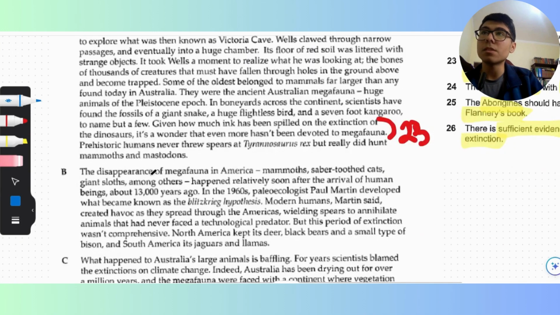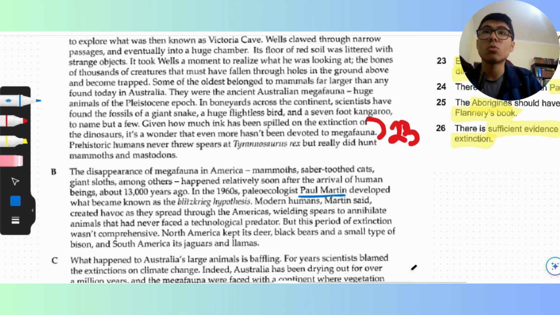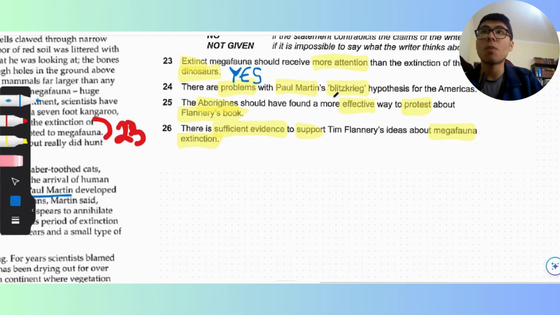The disappearance of megafauna in America, mammoth, saber-toothed cats, giant sloths, among others, happened relatively soon after the arrival of human beings, about 13,000 years ago. In the 1960s, paleoecologist Paul Martin. So here we have Paul Martin, which is in question number 24. As you can see, Paul Martin we have here.